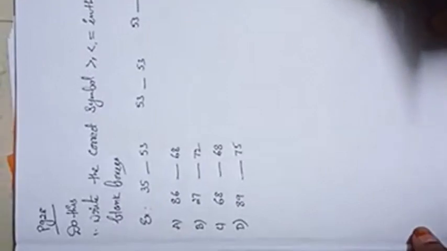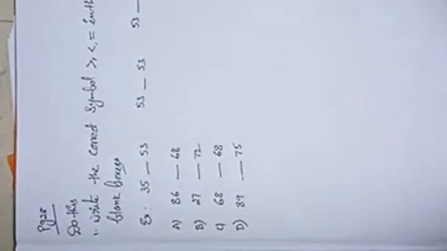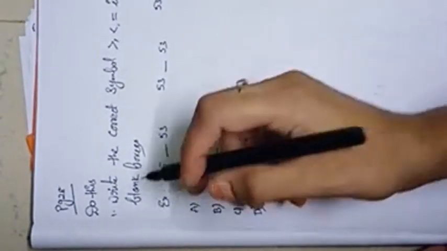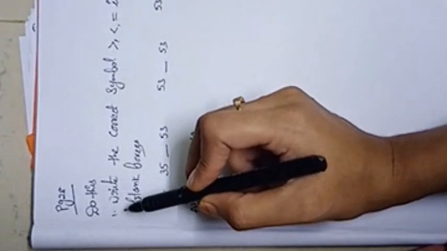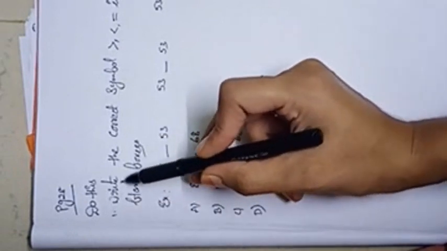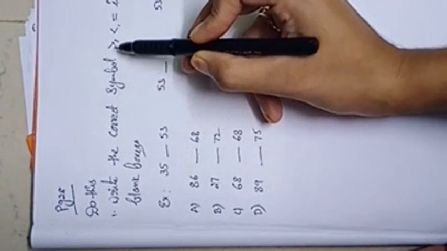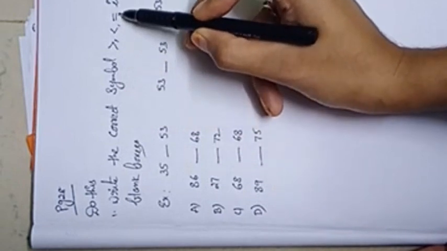Okay, I hope you understood how to put the right symbol in the given blank. Now there is no doubt for you all. Okay, children? Can you answer my question? Yes, I hope so. Children, page number 28. Do this bit. First bit I am starting today. Write the correct symbol greater than, less than, equal to in the blank boxes.